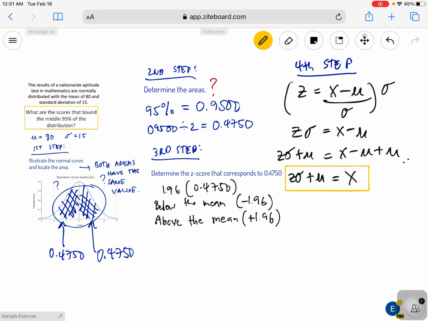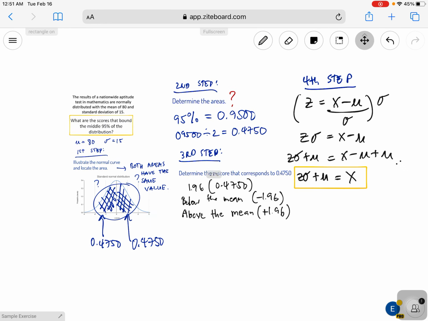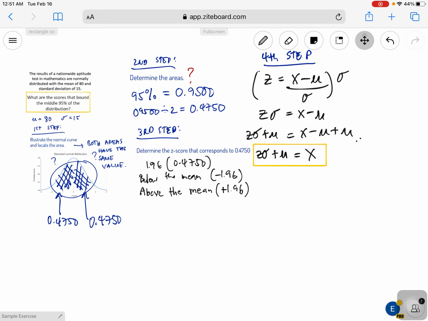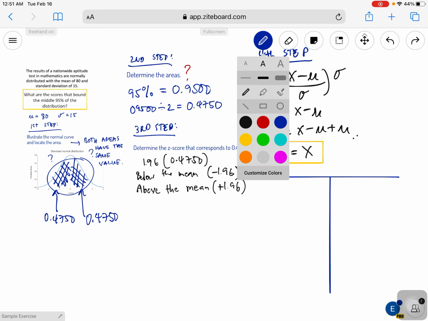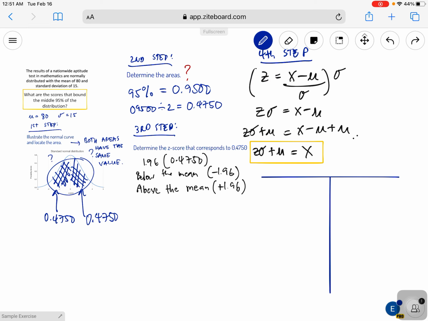Now let me just make some adjustments here. Let's write it this way. So divide this into 2. So we have the raw score below the mean, which is the z-score equal to negative 1.96.